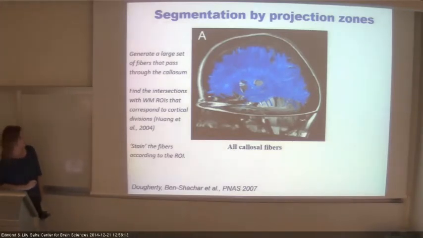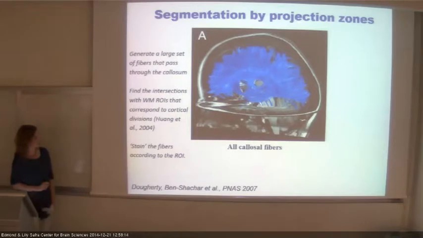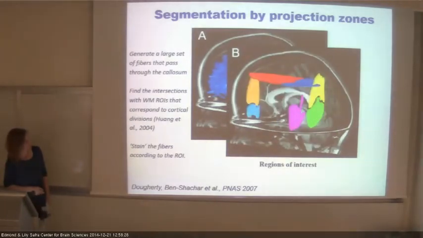And what we did was to track all the fibers that go through the callosum, and then rather than analyze each voxel of the callosum using voxel-based methods, we divided the callosum of every child in its native space into regions of interest.